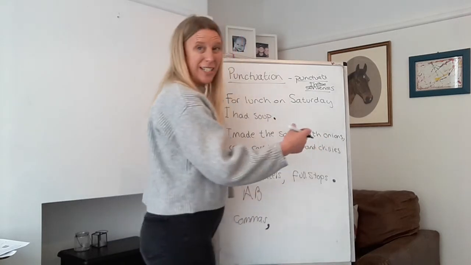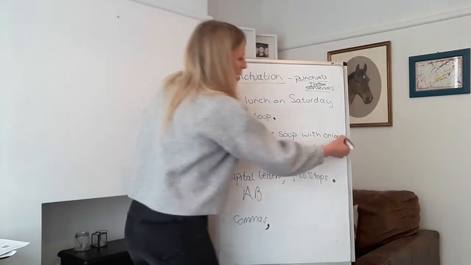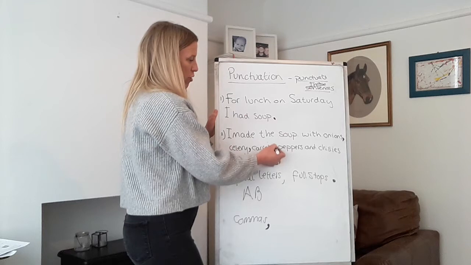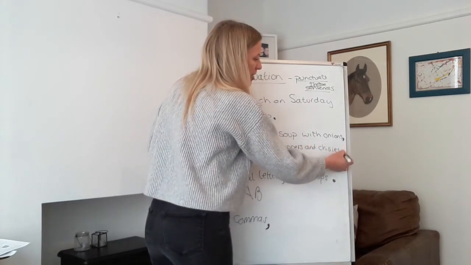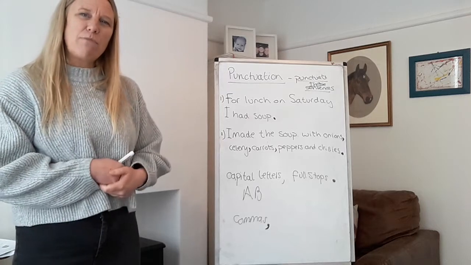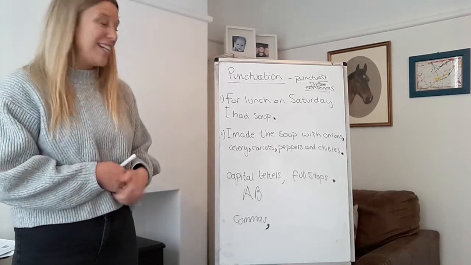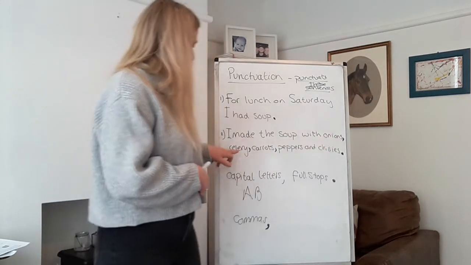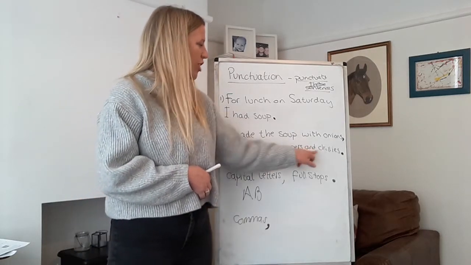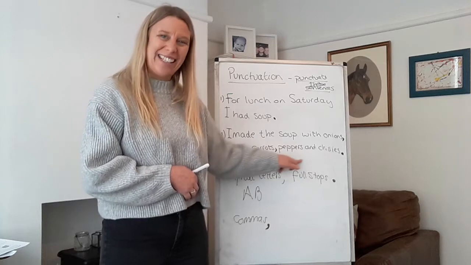So that joins them. We don't need a comma. But all of the other ones, when it's a list, we need commas. And then at the end, obviously, I need a full stop. So that's how we should punctuate that sentence. Commas for lists. No comma there because we've got the and.